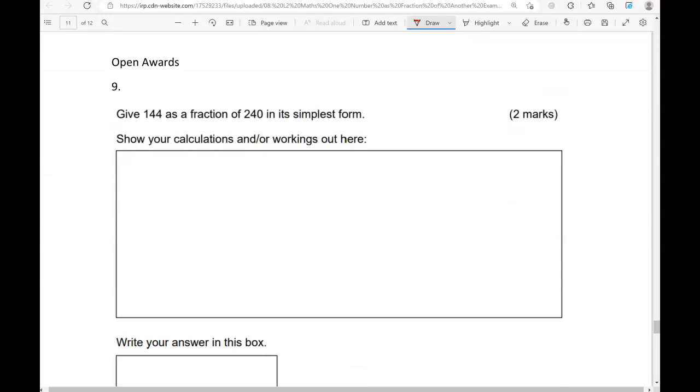Give 144 as a fraction of 240 in its simplest form. We can divide both numbers by 2 because they end in 4 and 0.